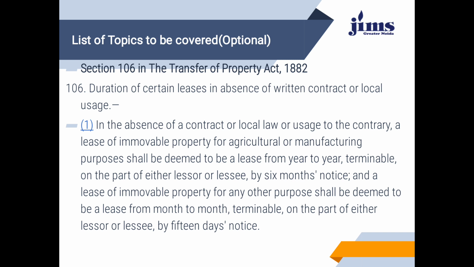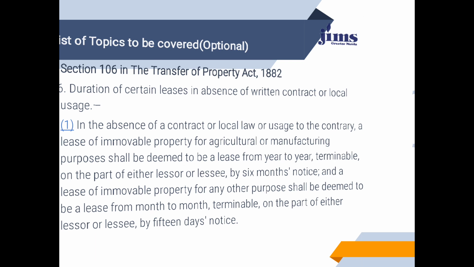And if the property is not for agriculture or manufacturing purpose, then such lease will be treated as a month to month lease, and it may be terminated by either party, that is the lessor or lessee, by giving 15-day notice. That is all about section 106 subclause 1.